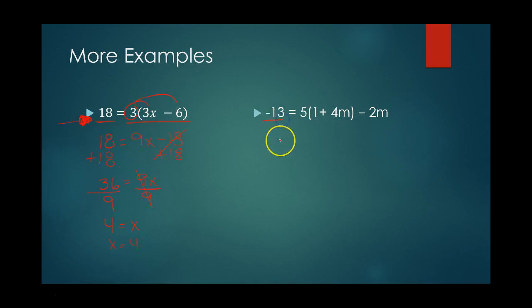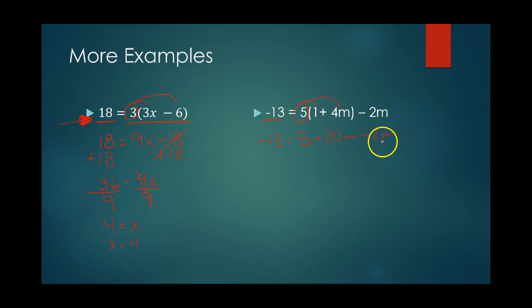Again, on this equation, my left is just negative 13. But now I can do some stuff with my right side. First, let's distribute this. 5 times 1 is 5. 5 times 4m is 20m. Notice I'm not going to distribute the 5 to this negative 2m because it's not in the parentheses, so this minus 2m is just going to drop down.